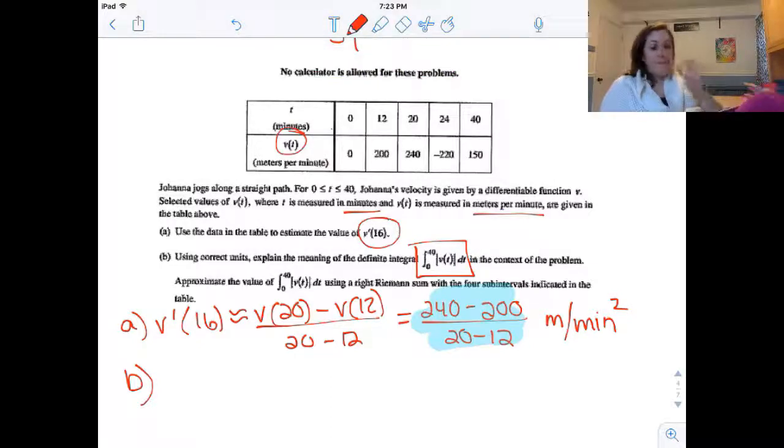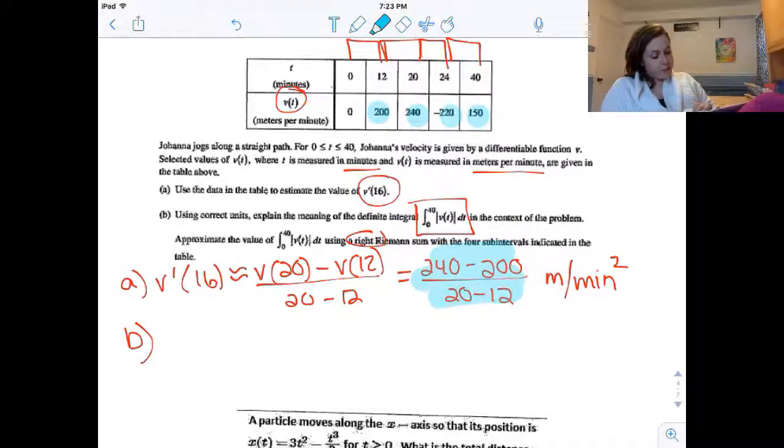I have 4 subintervals, 0 to 12, 12 to 20, 20 to 24, and 24 to 40. And I'm doing a right Riemann, so I'm using the right hand point on each interval. So this is going to be 12 times 200, that's my first one. The width is 12.